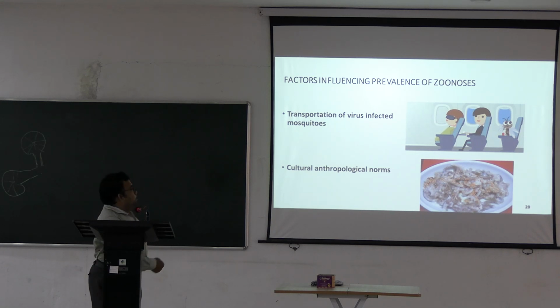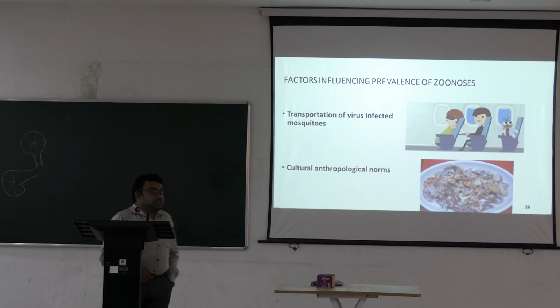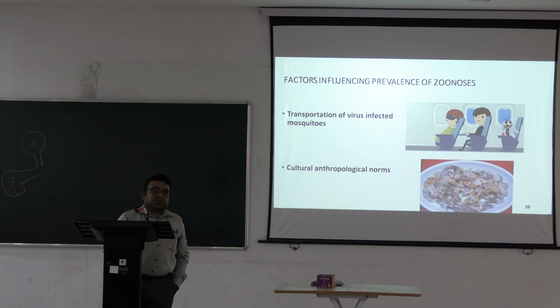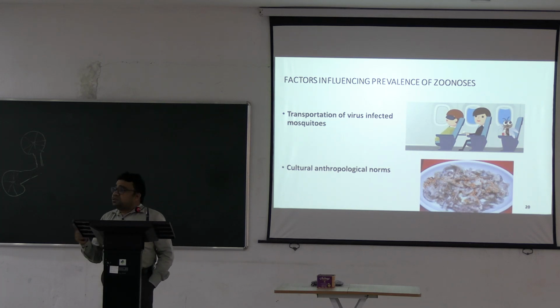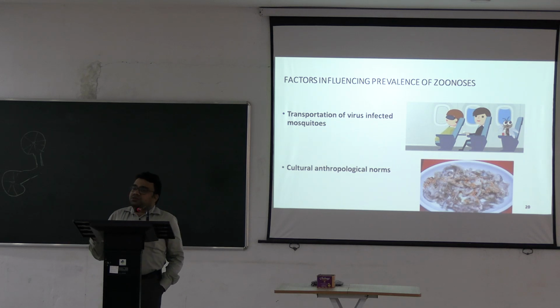Two very important causes of transmission of diseases from one part of the world to another part is transmission of the vectors of the disease from one part. Very commonly, mosquitoes are transmitted from one part of the world to the other via aircrafts or ships. Hence, they can also carry the pathogen along with them. Similarly, some of the diseases have come in contact with human beings because of, say, customary or sometimes bizarre customs.